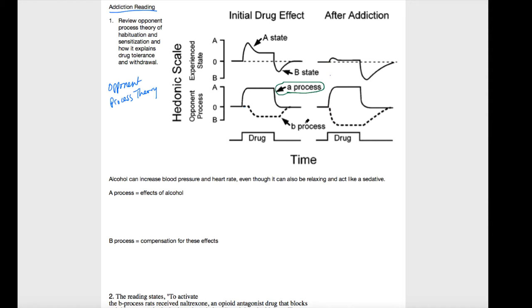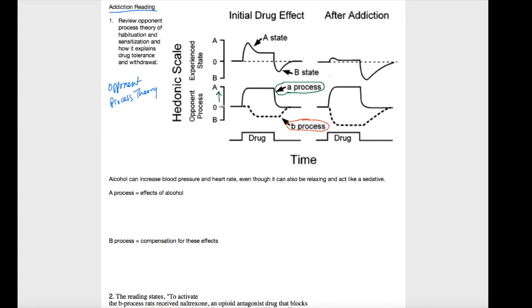But then there's this B process that tries to compensate for that and bring us back down to this even keel. So you can think of this zone here as a zero response, right? Kind of being nice and even. And anything that goes above that is going to be stimulating or arousing in some way, either positive or negative. So I'll highlight that in green here.